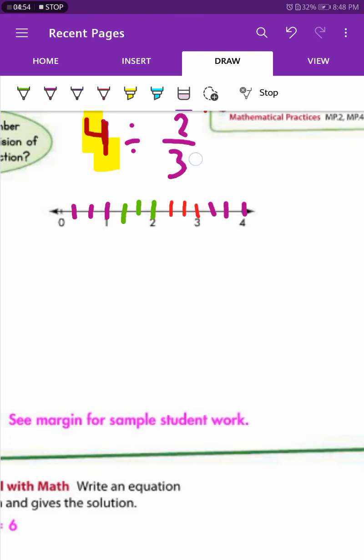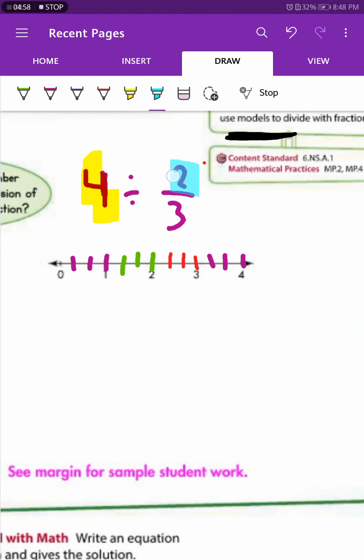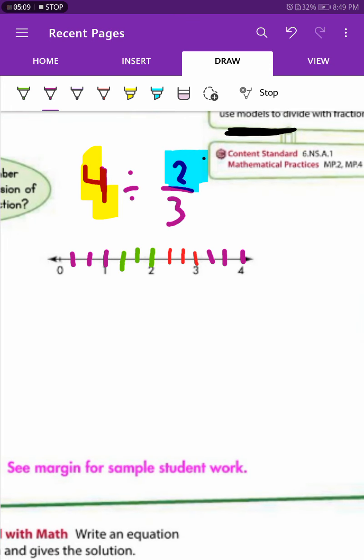Now, what next? See the number up. It is 2. That means the number up is the number of jumps. How do I jump? From 0, I count 2. This is the first jump.